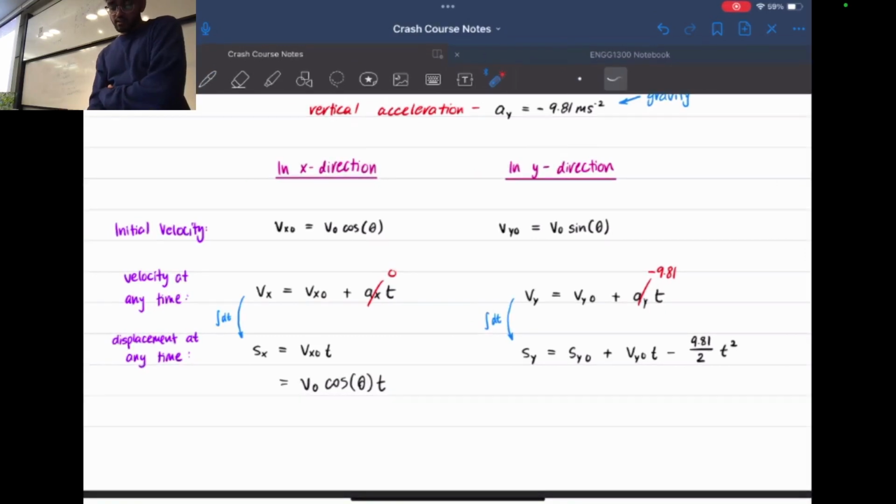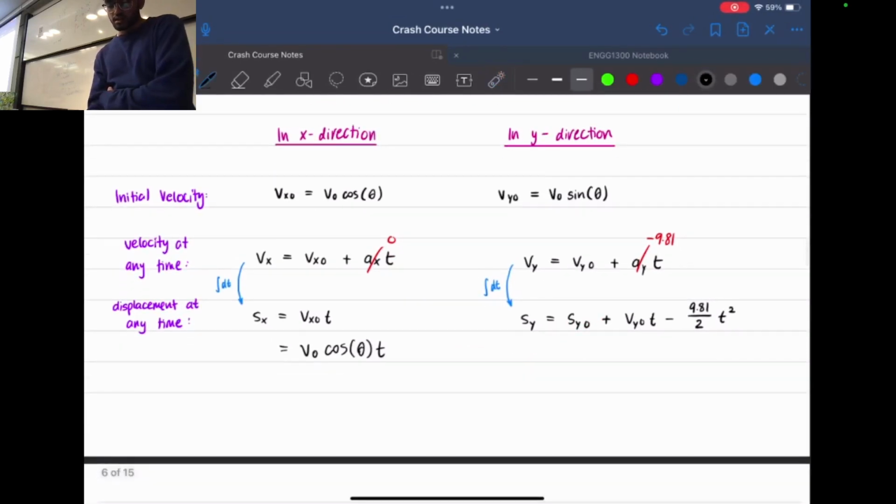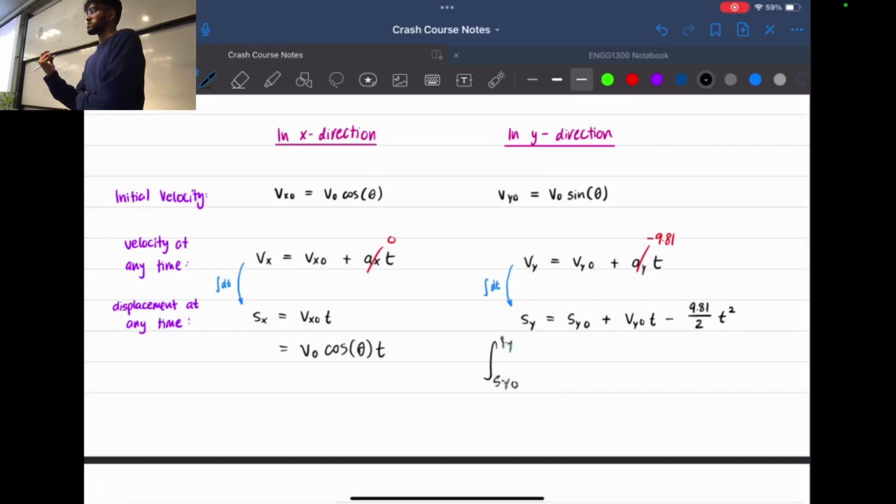And our sy is very similar to this, except when you're integrating, you're going to integrate between the bounds sy and sy0, so an initial displacement in the y direction.